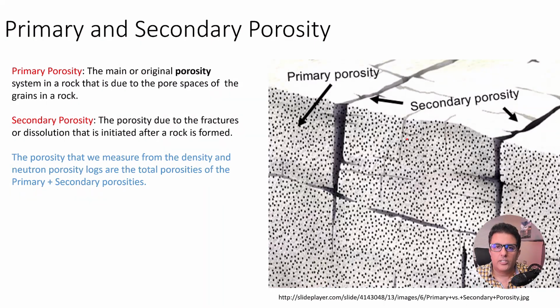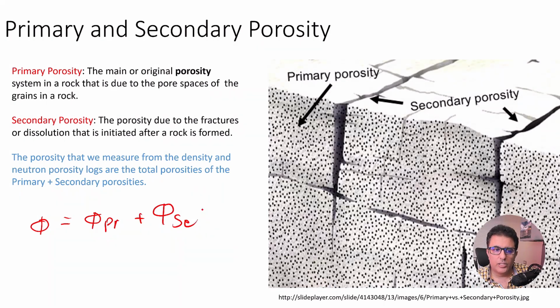When the rock is formed and, as a result of tectonic activity or stress or different things, it is fractured, we are going to have additional porosity in the rock that is called secondary porosity. So the porosity that we measure in the rock is a combination of primary porosity plus secondary porosity.